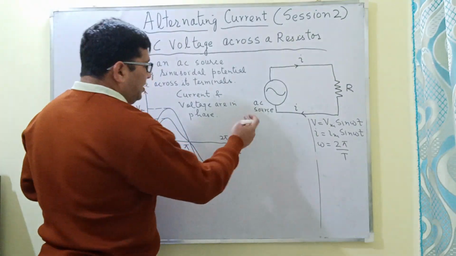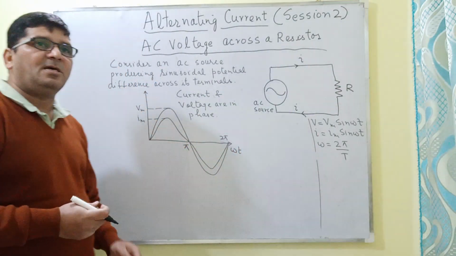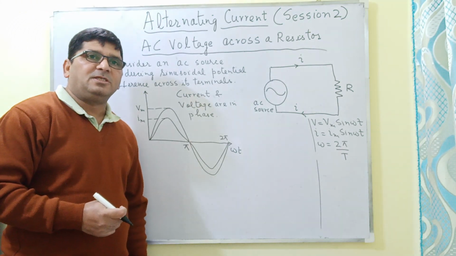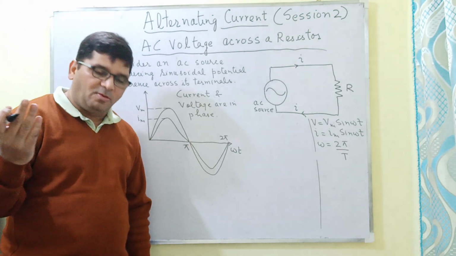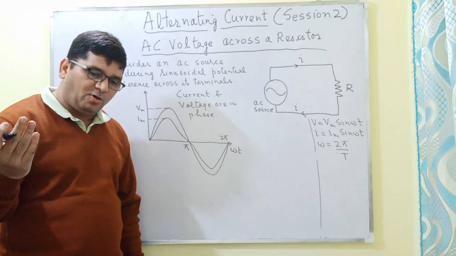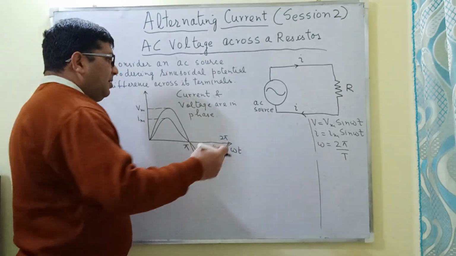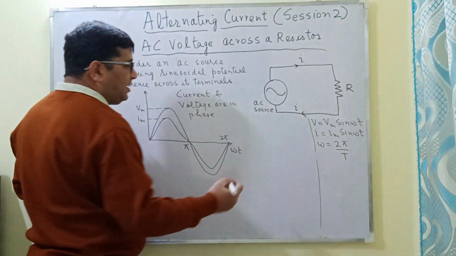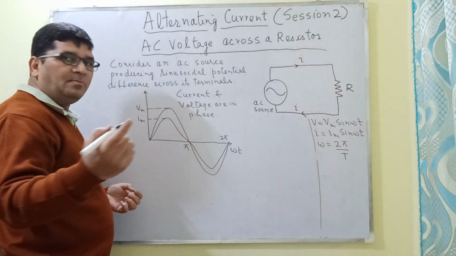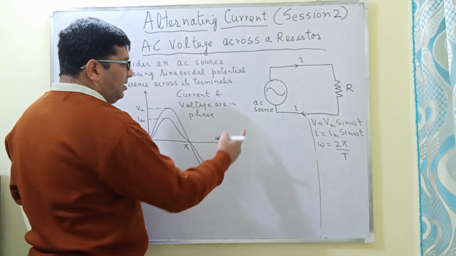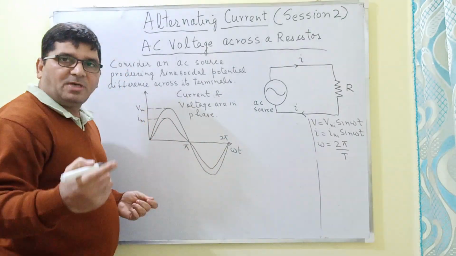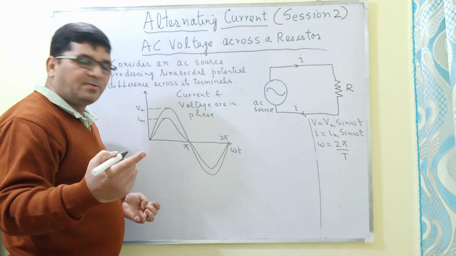Now, in order to express the AC power in the same form as the DC power, we use the root mean square current and root mean square voltage.